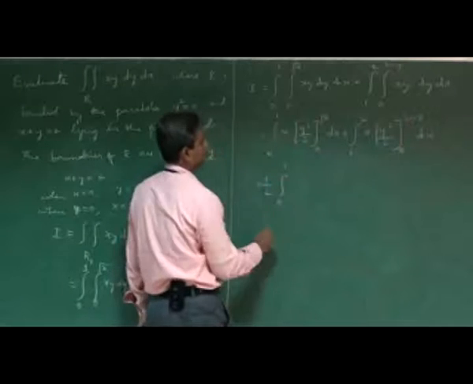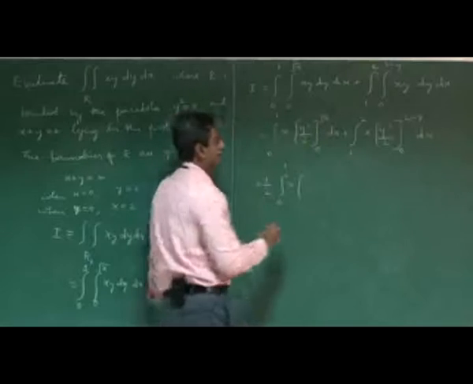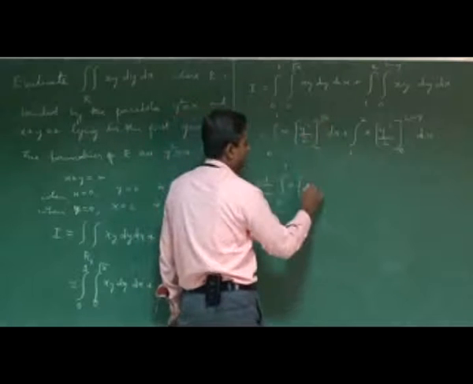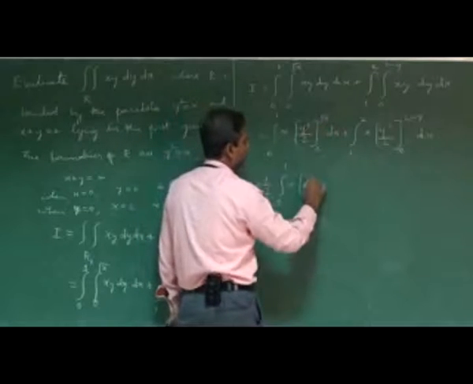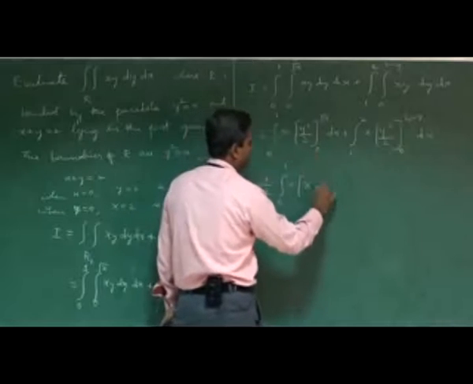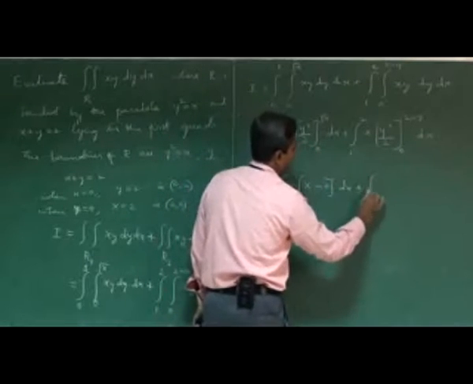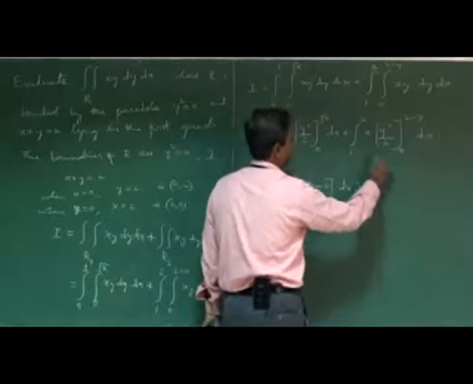And then that is equal to 1 by 2 into the integral from 0 to 1 of x into, you apply the upper limit for y, so square root of x whole squared, we have got x, and the lower limit is minus 0, dx, plus the integral from 1 to 2.